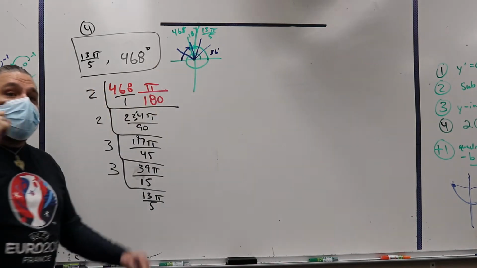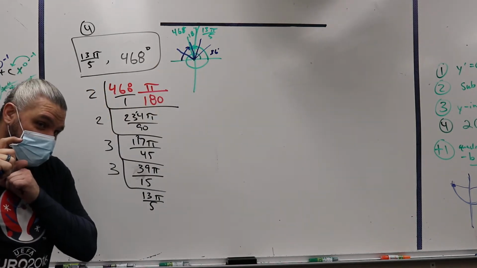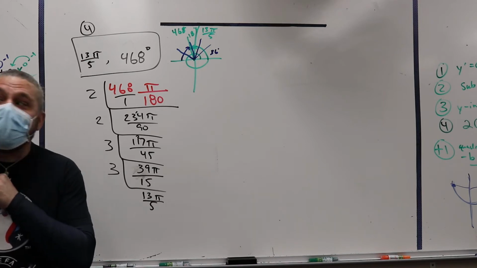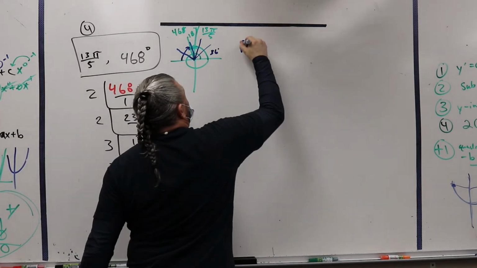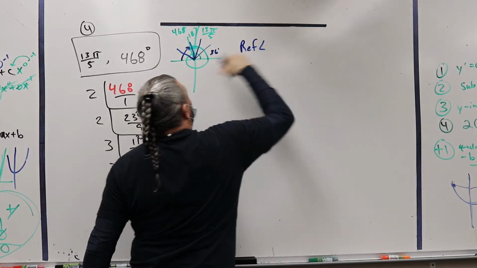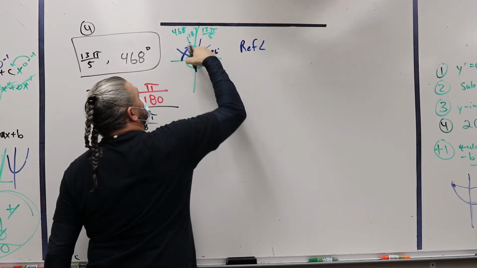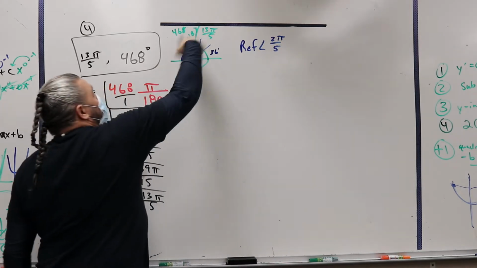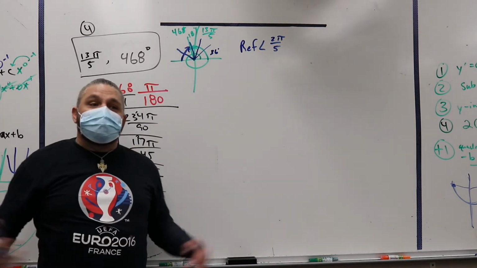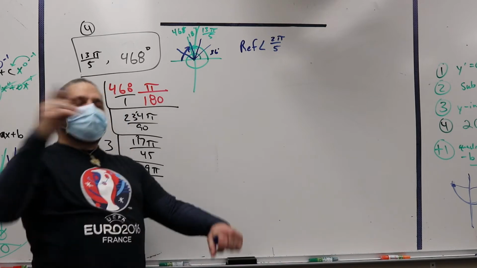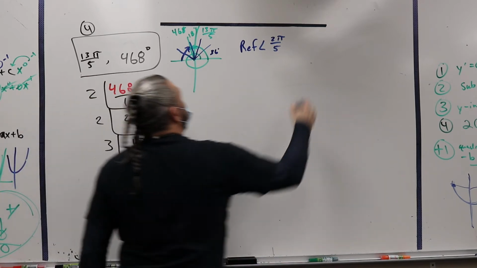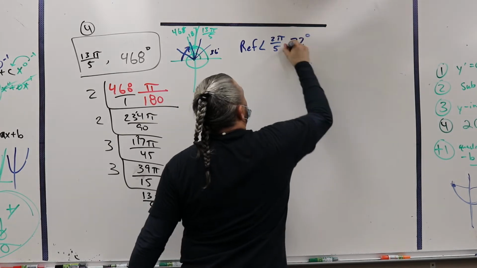So my reference angle is 2 pi over 5, or we're thinking of 90 minus 18, which is 72.